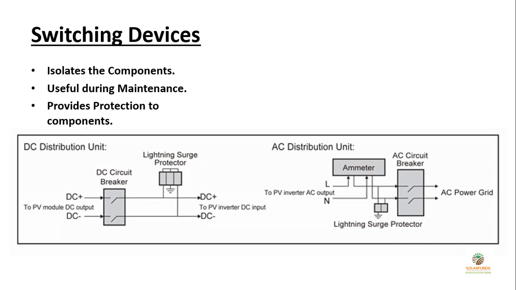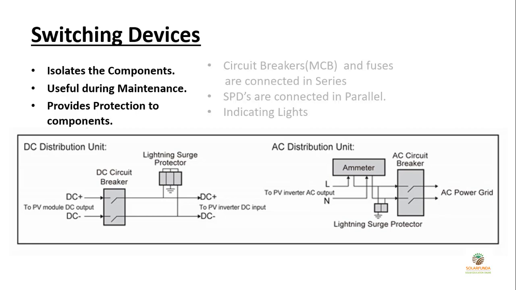As I explained earlier, we have DC distribution unit. This is placed between the output of solar panel and input of inverter. On the other hand, we have AC distribution unit, which is placed between the output of inverter and AC power grid. You might be thinking, what is in AC-DB and DC-DB?